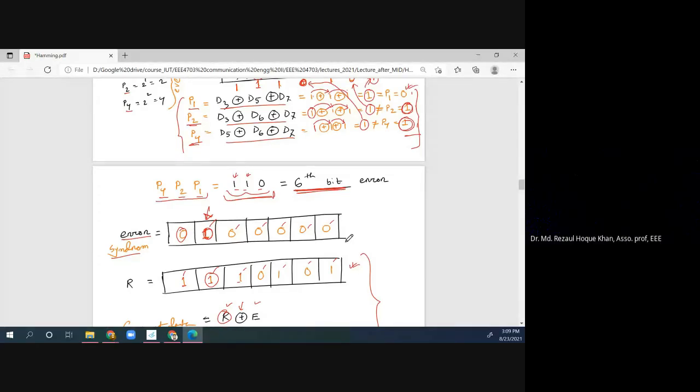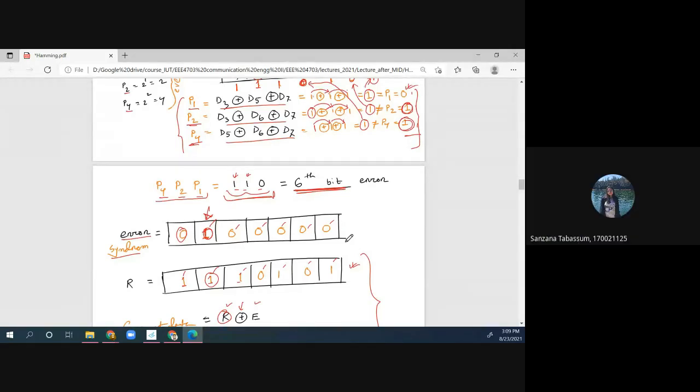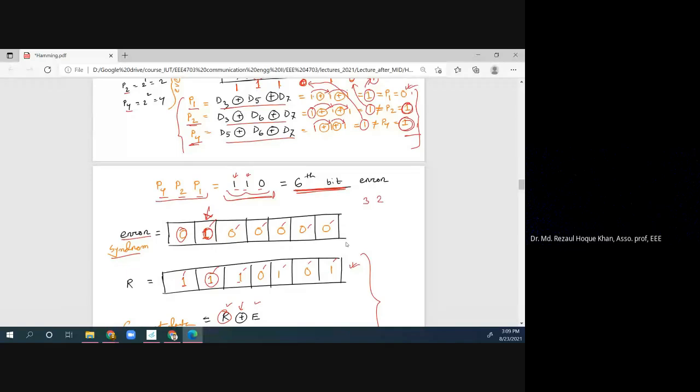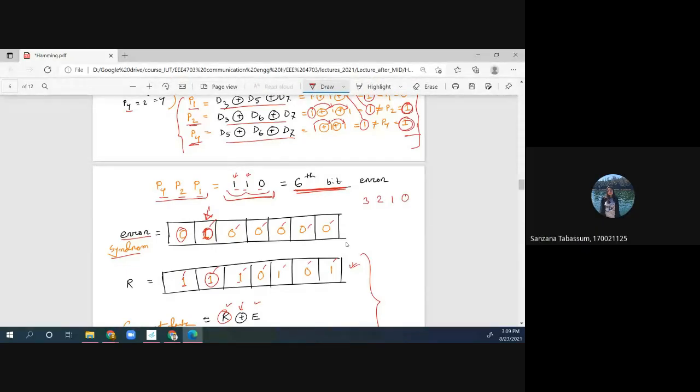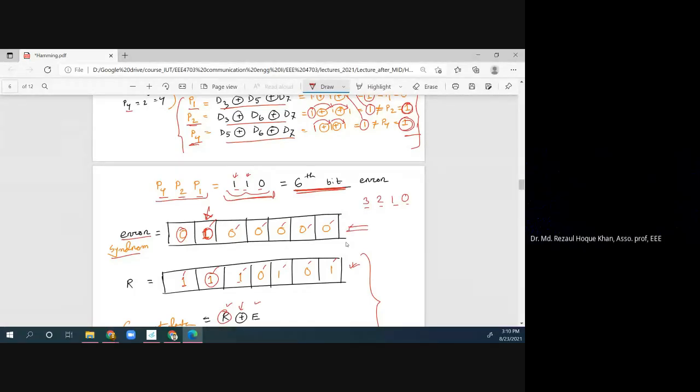It was a question in our lab quiz: if the syndrome pattern is 3210, which row of the syndrome table does it belong to? 3210, yes. We cannot get 3 in the syndrome, I don't know. Okay, sir, you can forward me the question in our Google Classroom and I will try to have a look. Okay, thank you.